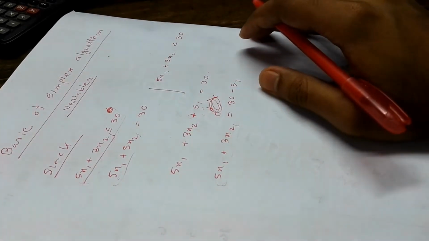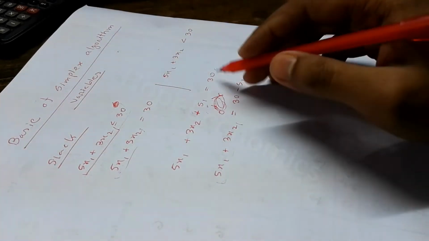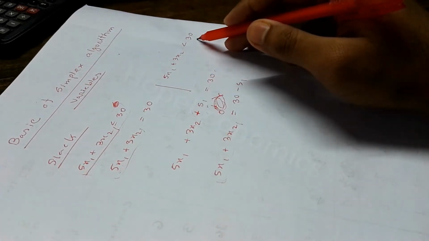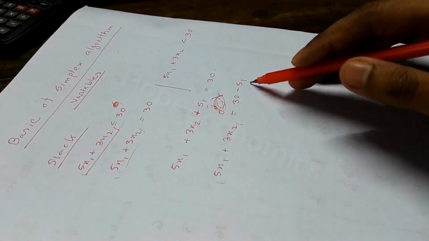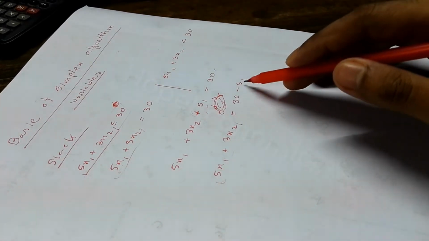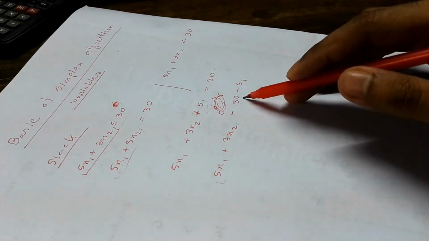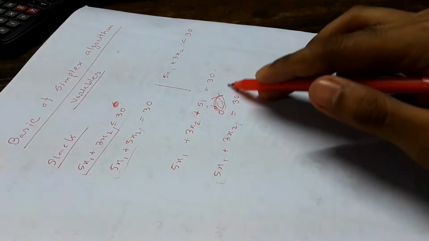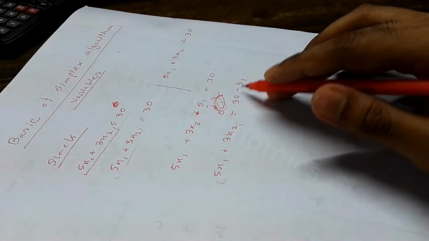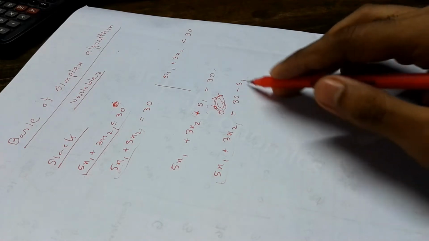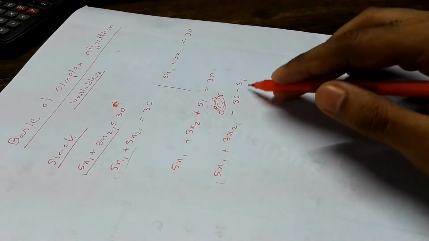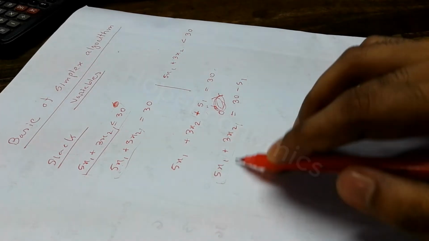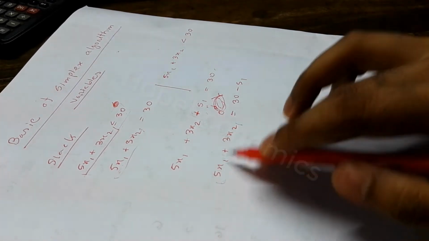But if the case is that 5x1 and 3x2 is less than 30, then there must be some value of s1 that we subtract, which decreases the value of the constant here, and this will make the left hand side and right hand side equal.